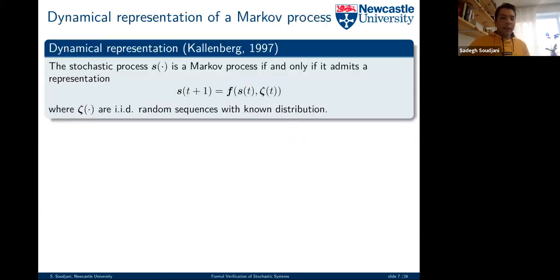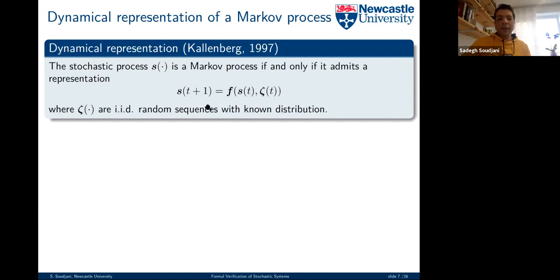There is a theorem proved by Kallenberg in 1997 that shows a connection between Markov processes and dynamical systems. The theorem says that if we have a Markov process with the transition kernel that I just described, we can have a dynamical representation in which the next state of the system is a function of the current state and some noise.